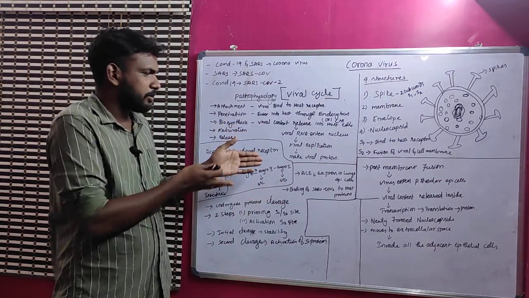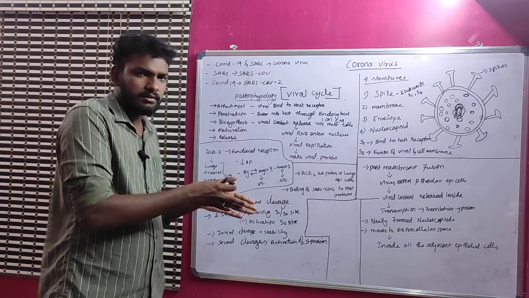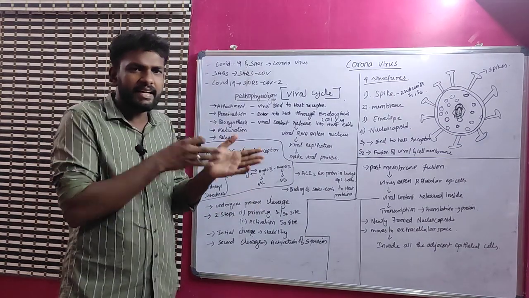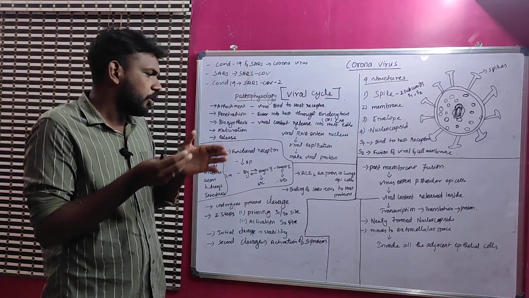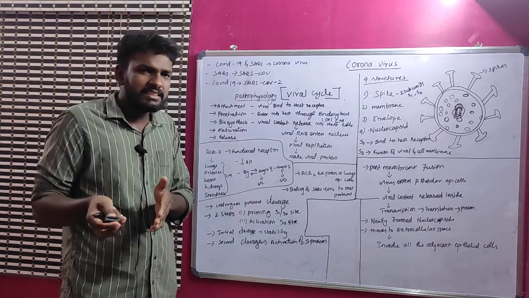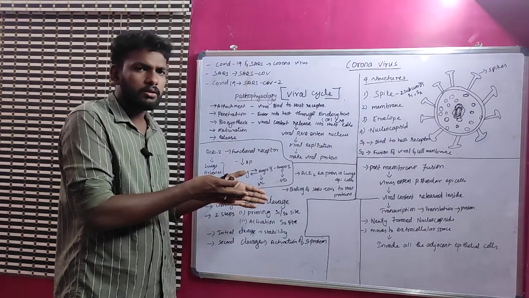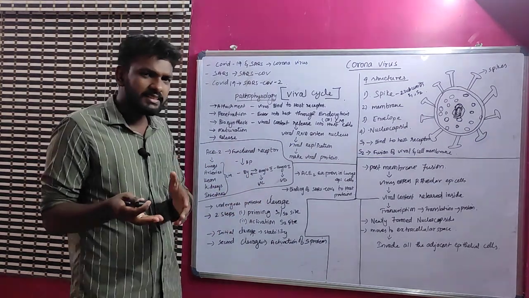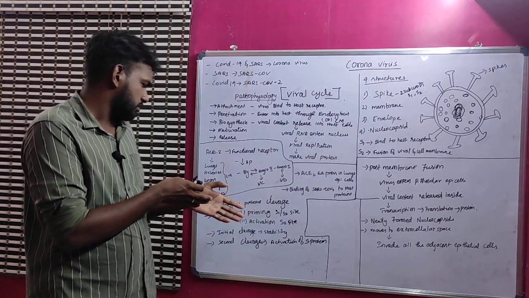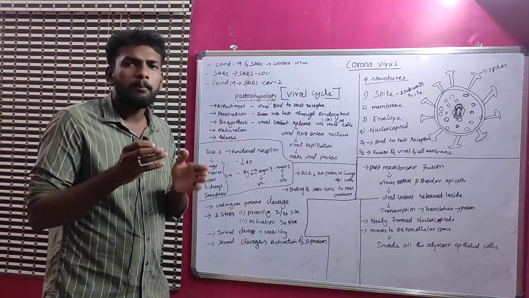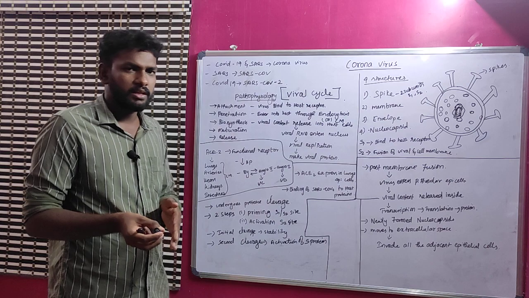Once the virus has replicated in the body, it binds with the host proteins. The virus is SARS coronavirus 2, which binds with the host proteins. It undergoes protease cleavage.